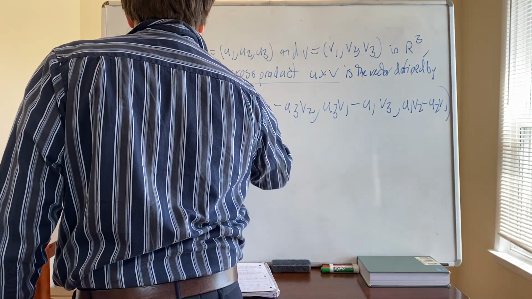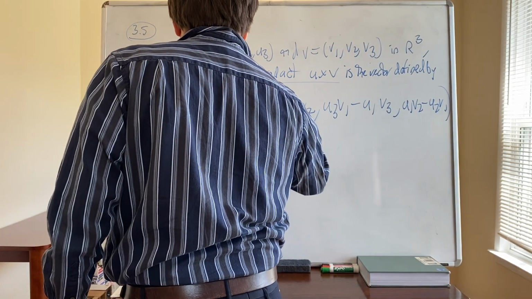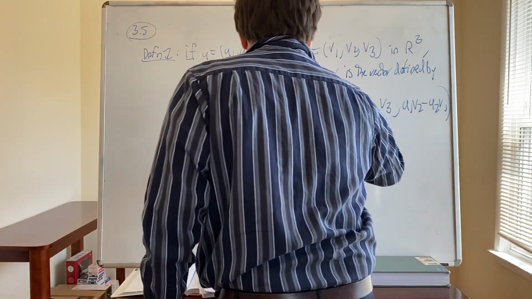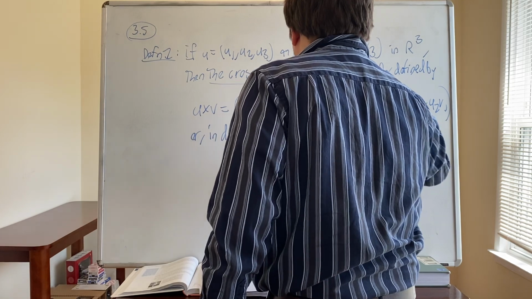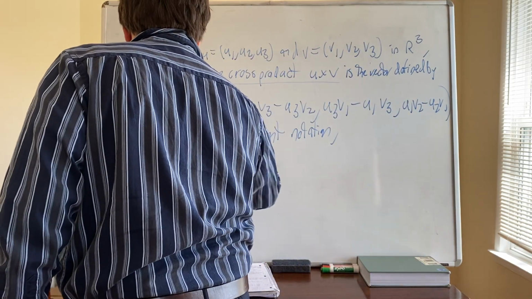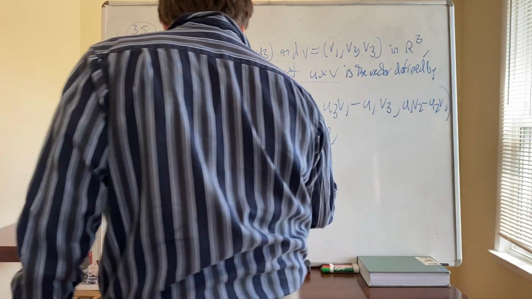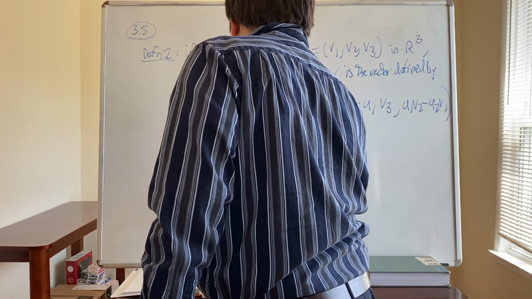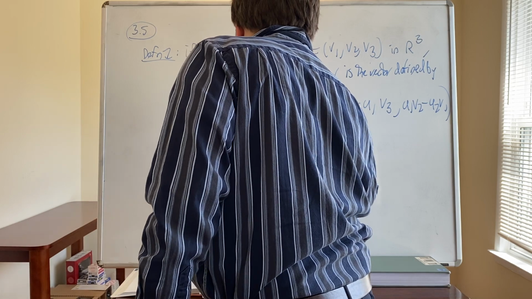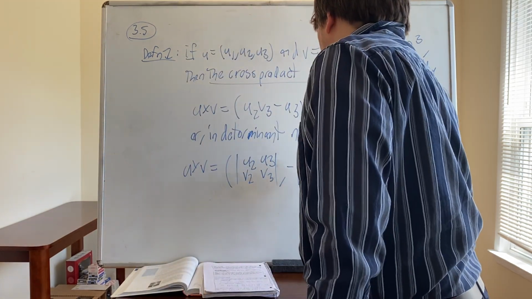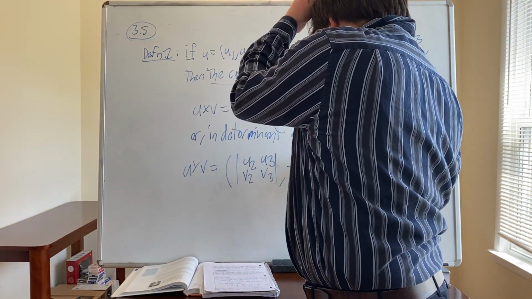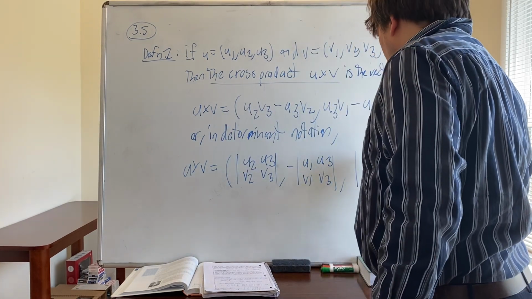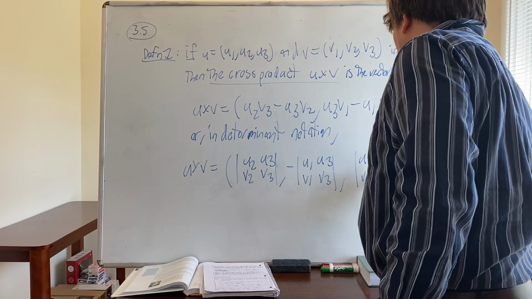Or, in determinant notation, U cross V is equal to the determinant of [U2, U3; V2, V3], comma, negative the determinant of [U1, U3; V1, V3], comma, the determinant of [U1, U2; V1, V2].